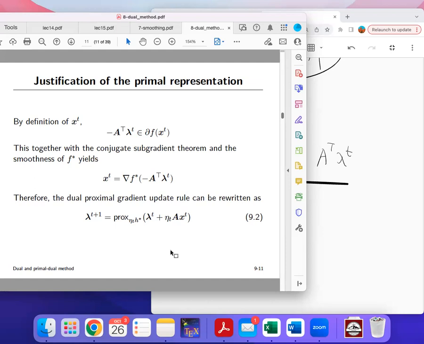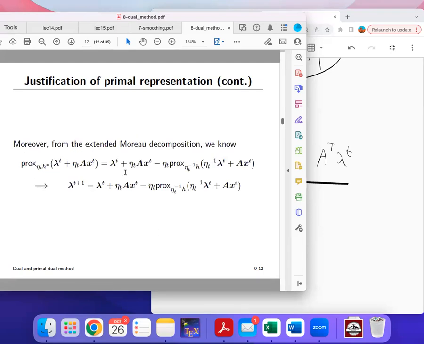And next we will need to get rid of this h conjugate. From the extended Moreau decomposition, the proximal mapping of eta h star at this point is equal to the right-hand side. This is the Moreau decomposition.